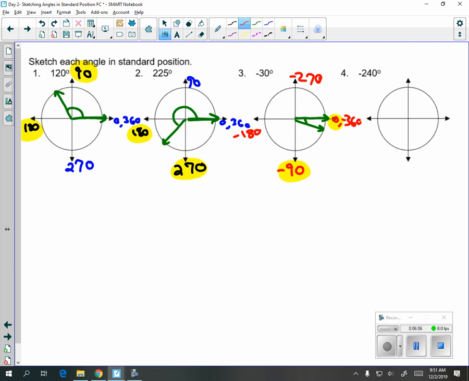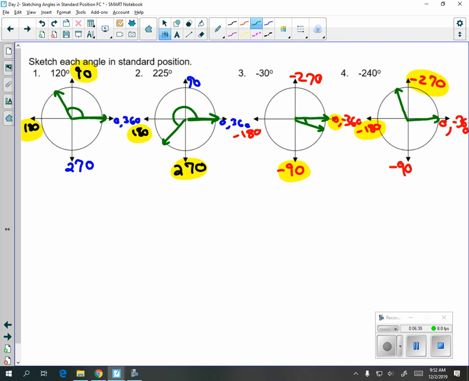Last one, because it's negative, relabel everything. Negative 240 is between negative 180 and negative 270. So you're going to end, I want to say that it's closer to 270.